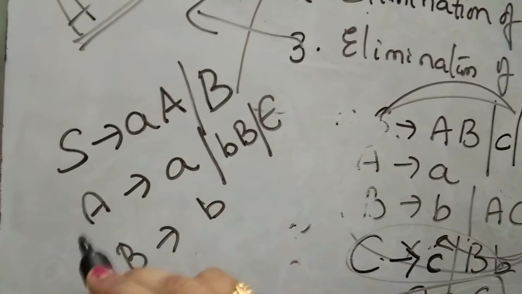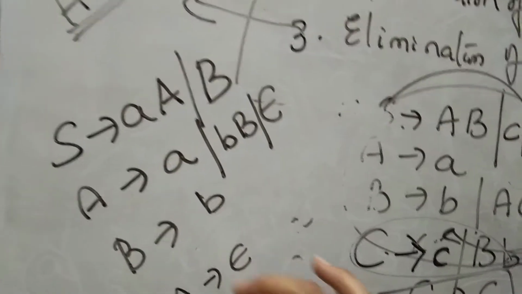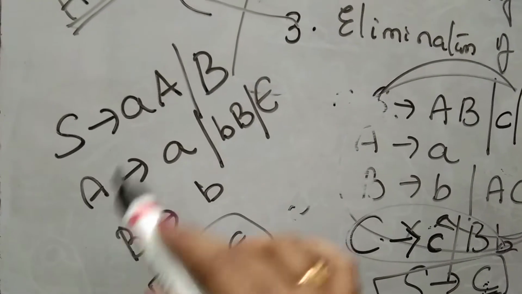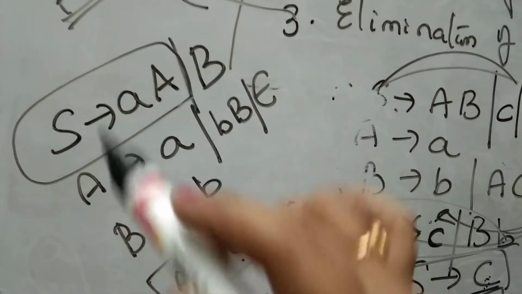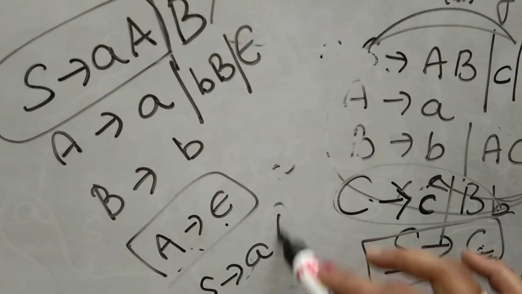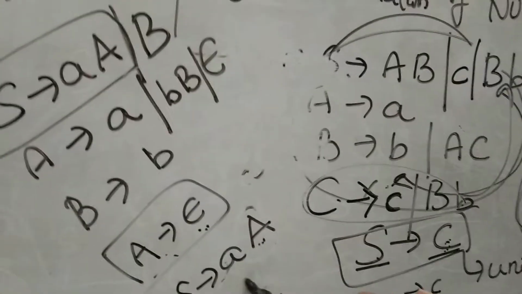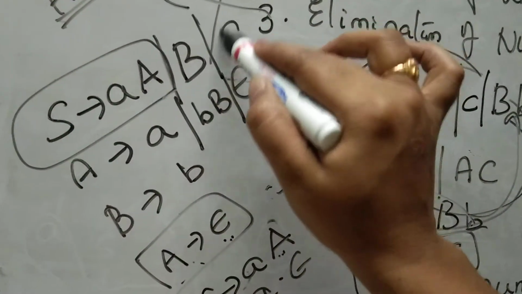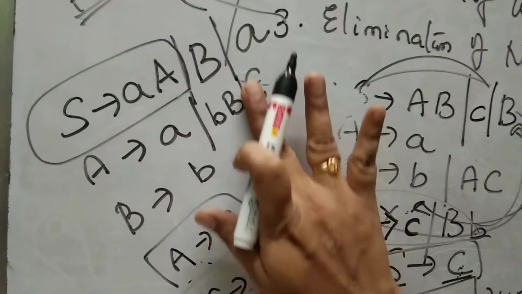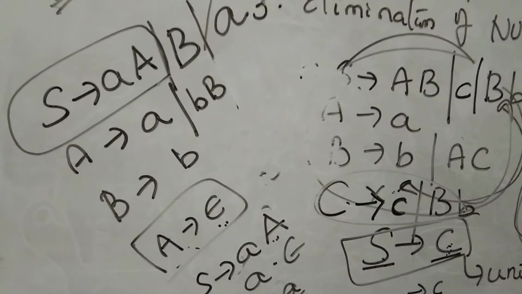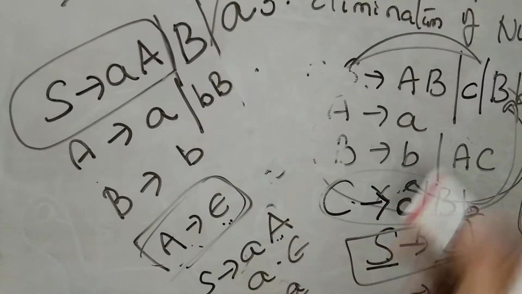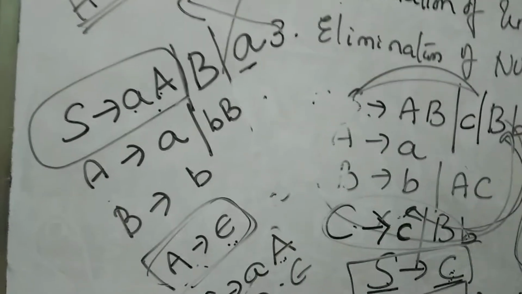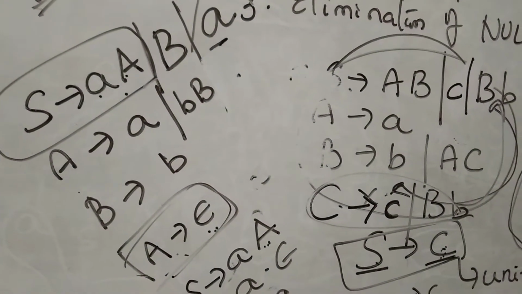Here A tends to epsilon is a null production, and you can eliminate it. Check where the A production occurs. For S tends to A, if A is replaced with epsilon, what you get is nothing for A, so you add that alternative to S and eliminate the epsilon. We have to eliminate A tends to epsilon like this. Such elimination is called elimination of null productions.